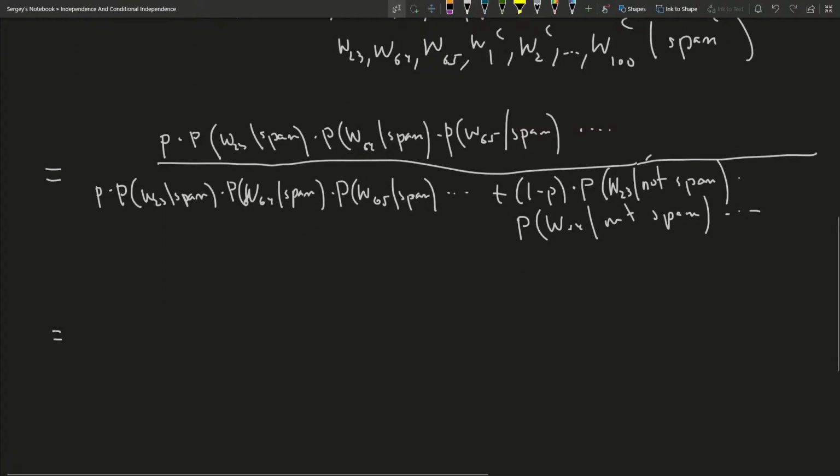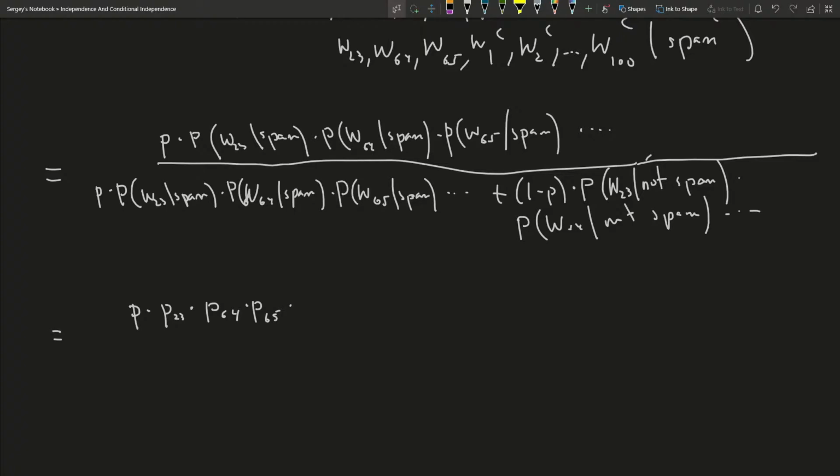Okay, so what do we have here? Well, in the numerator we have p times the probability. We defined this probability of the 23rd word from the list occurring given that our email is spam to be p sub 23, excuse me. So we have p sub 23 times p sub 64 times p sub 65, and then the product of 1 minus p sub j, right?